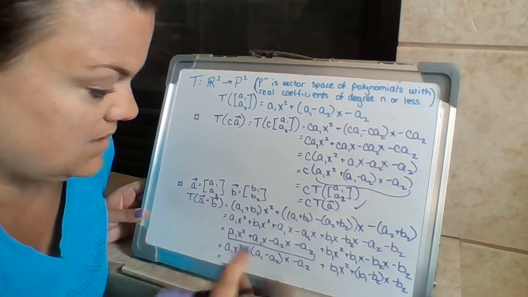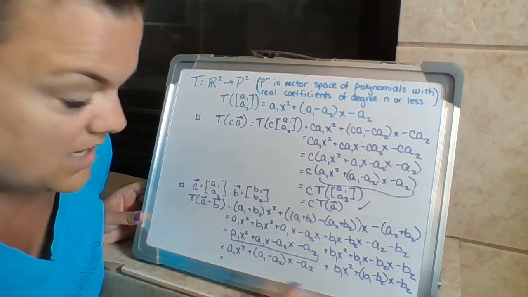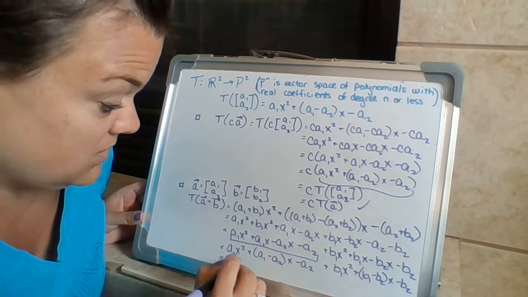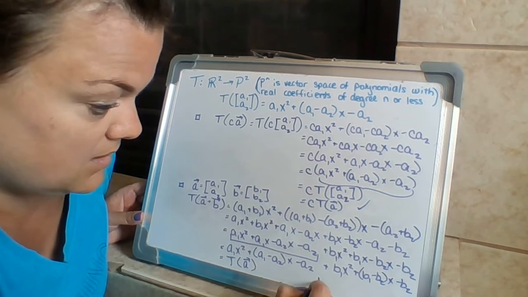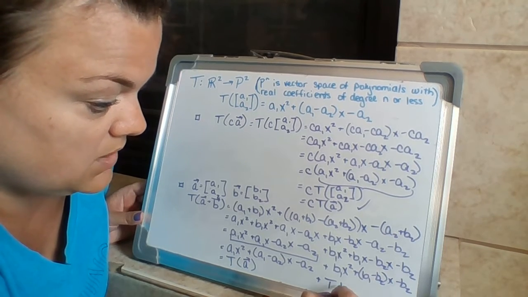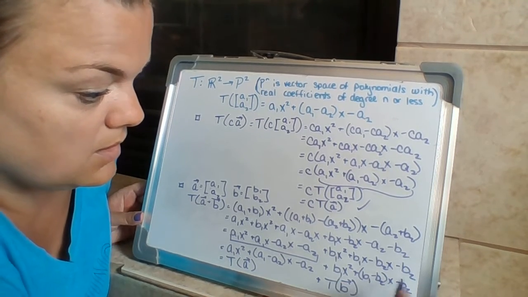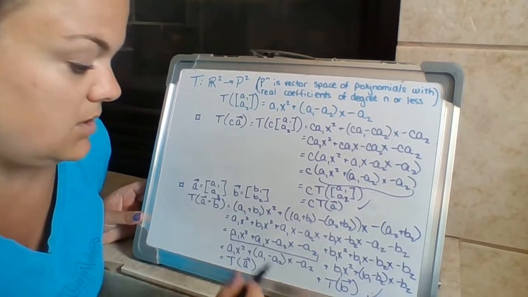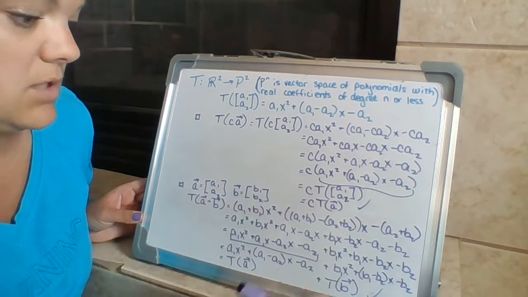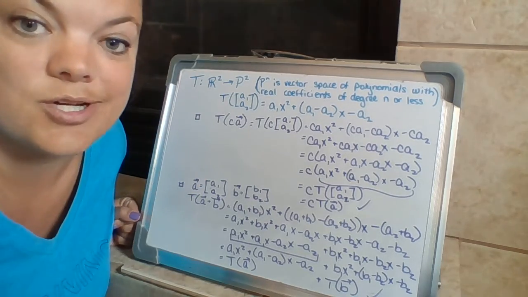Notice that this first half is just the transformation of A, and the second half is just the transformation of B. Therefore, my vector addition is good. My scalar multiplication was good. T is a linear transformation.